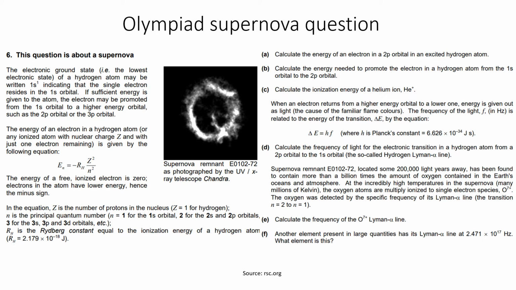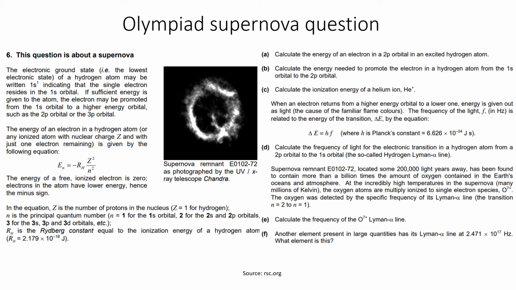Later in the question we're having to apply E equals hf to work out some frequencies, and then it gets really interesting at the end where we're looking at some of these heavier elements. Again another frequency question with the oxygen 7 plus Lyman alpha line, so again a hydrogenic atom.